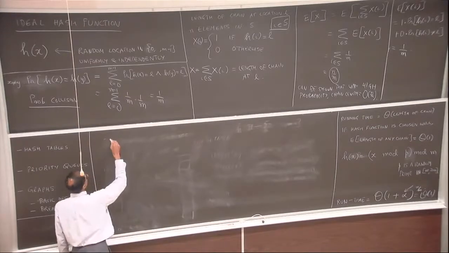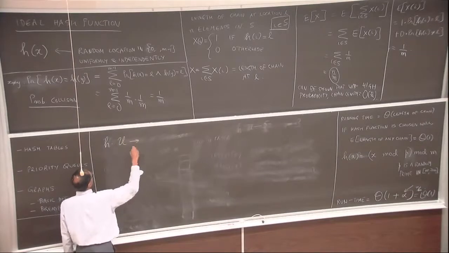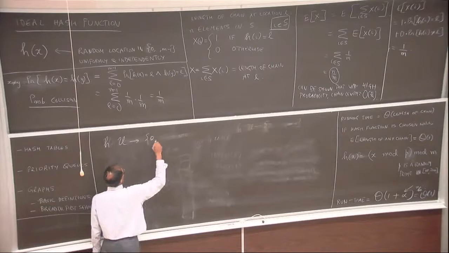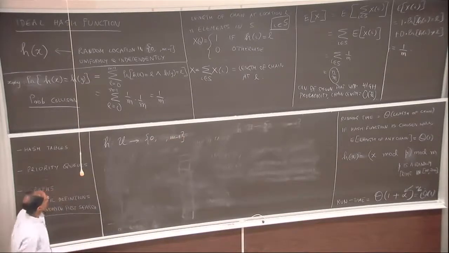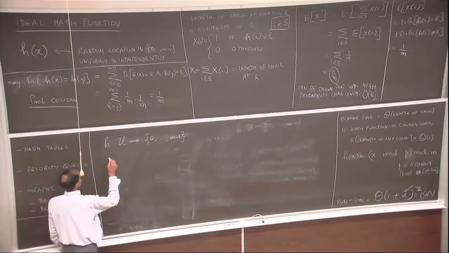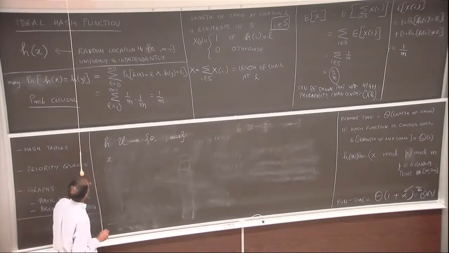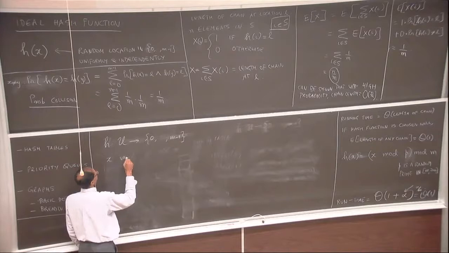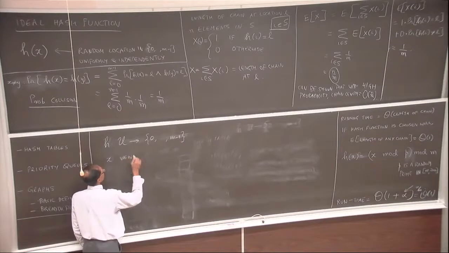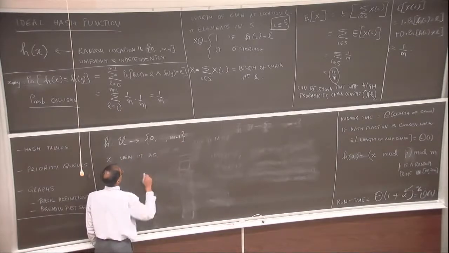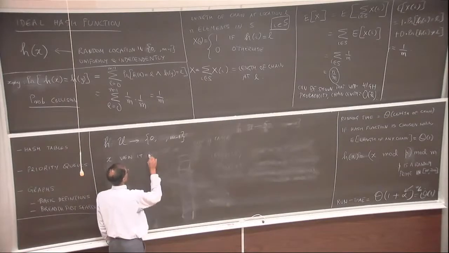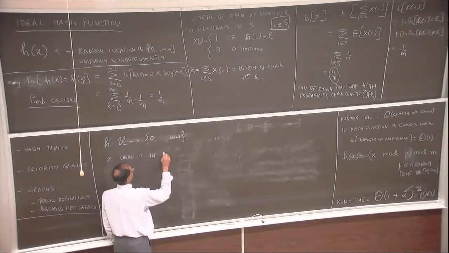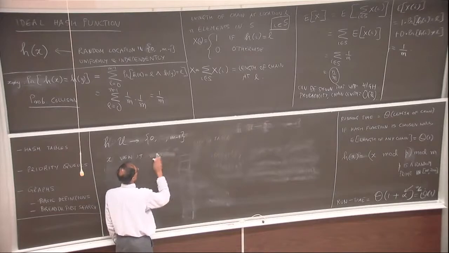Let's suppose your table, again, remember your h is trying to map the universe to a number between 0 and m-1. So what you do is, if you have an element x from the universe, you view it or represent it as a base m integer.